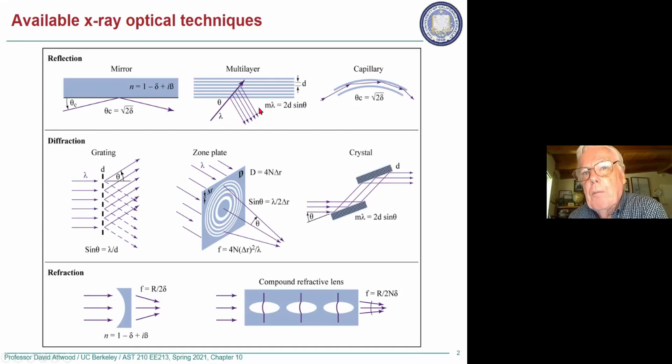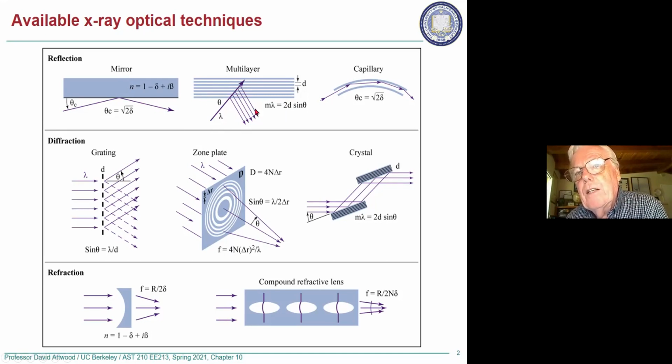There are multi-layer interference coatings with a differing refractive index, so what we call high Z and low Z, because the Z of the atoms dominates what the refractive index is, okay? So with alternating layers, you can get a very weak reflection from each interface, high Z, low Z, low Z, high Z, wherever there's a change in refractive index, there'll be a slight reflection.